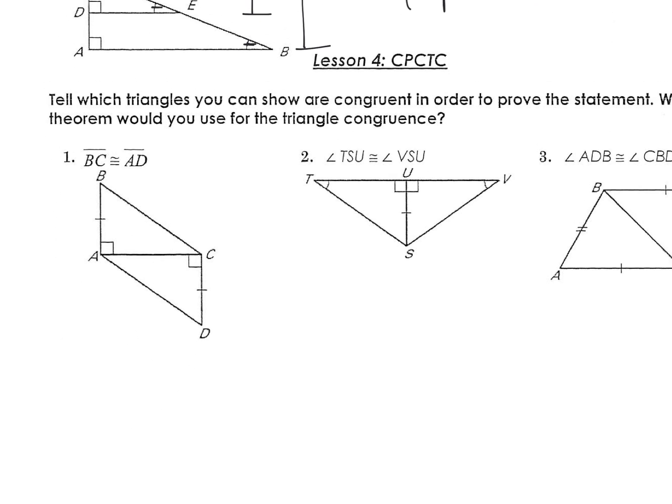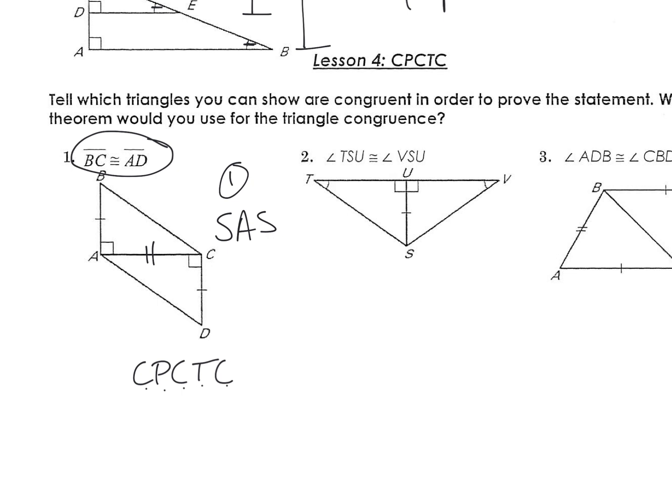All right, and then finally CPCTC. This one is just asking, in order to get to CPCTC, what is the method we would have to use? Based on this diagram, we know they have the reflexive side, so we would say side, angle, side. Remember, CPCTC means corresponding parts of congruent triangles are congruent.